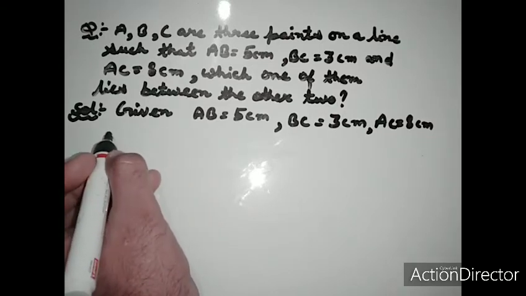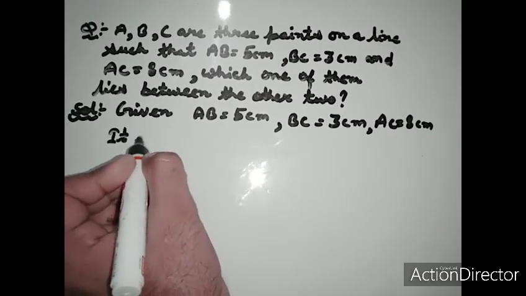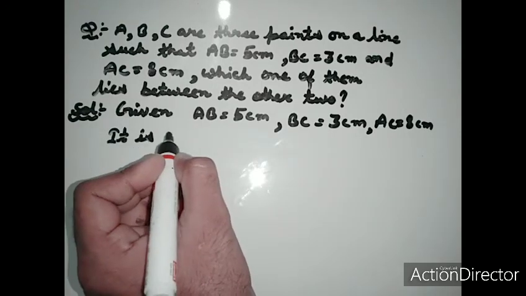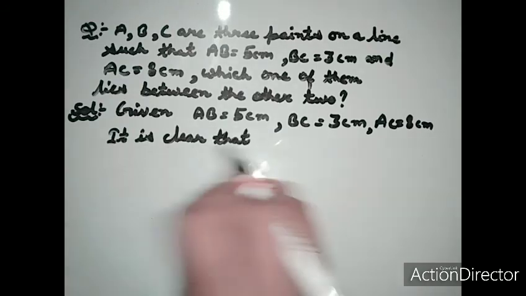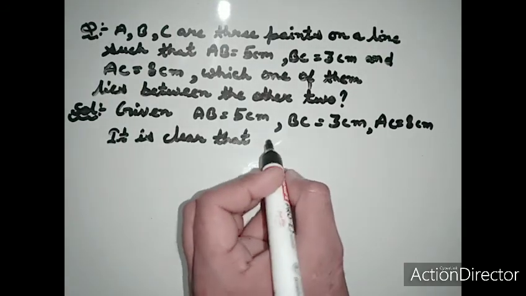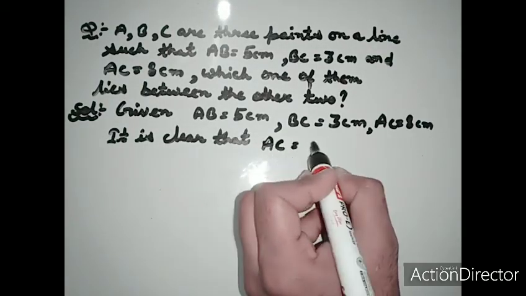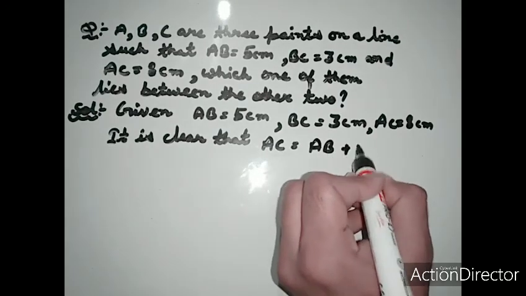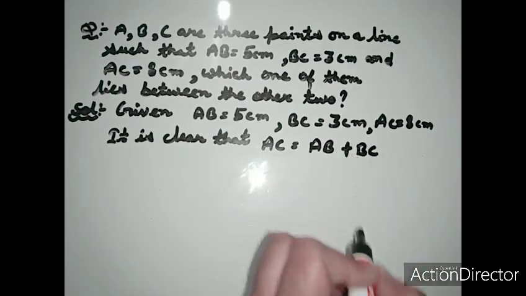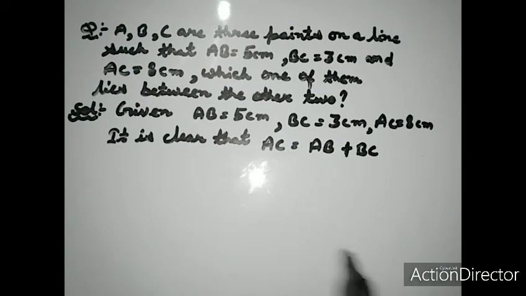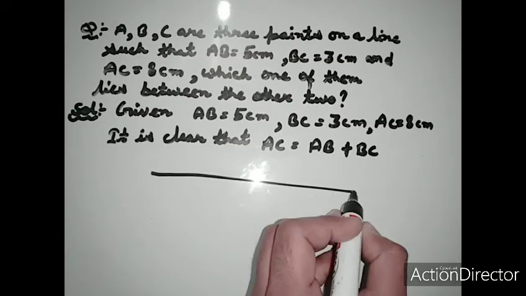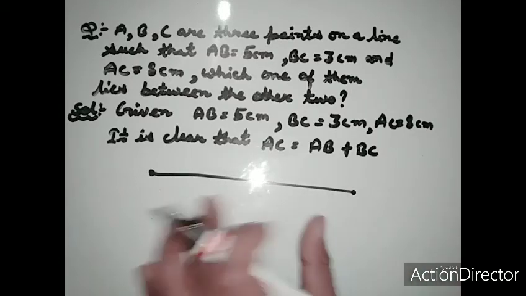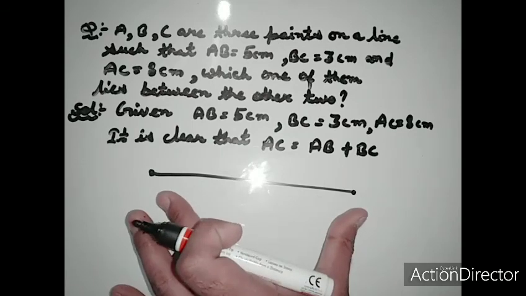So here we write, it is clear that AC equal to AB plus BC, right? So we say that hence point B lies between A and C. Here we first draw a line segment and give it the name AC.